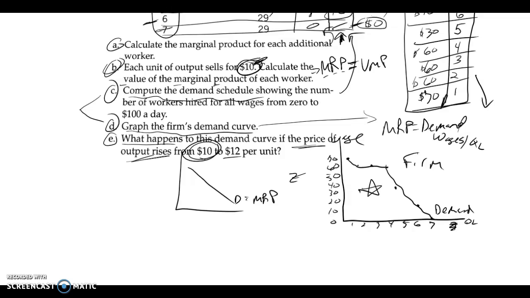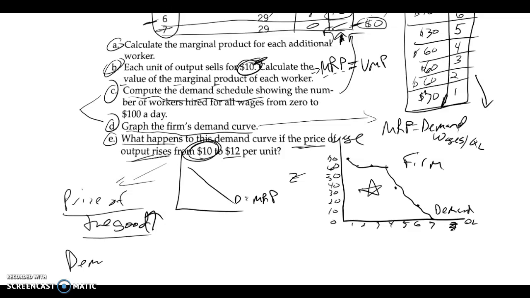Our underlying context was that the price was $10, but now the price of the good they produce goes up. Based on your gut, what happens to our demand for labor? We're going to assume that the demand for labor goes up.